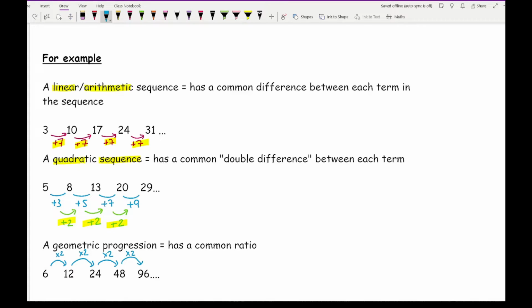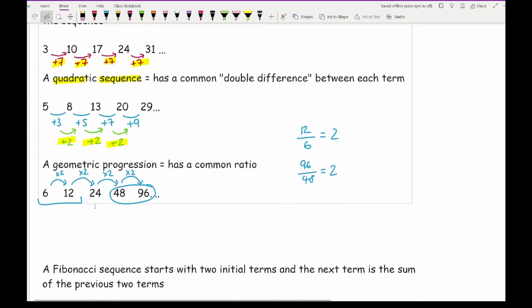For example, if I take the first two terms, 12 divided by 6 gives an answer of 2. And if I pick another two consecutive terms, 96 and 48, and do 96 divided by 48, again that gives me the same common ratio. So there is an example of a geometric progression.